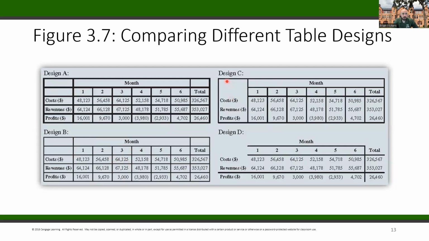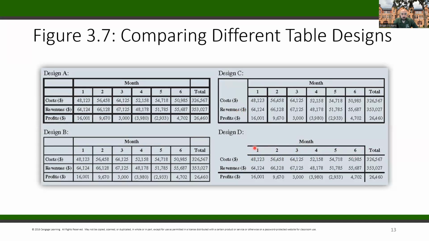Design C puts borders around your cost here and eliminates the horizontal lines underneath. But it doesn't separate out profits. You don't realize that this is revenues minus costs equals your profits, the basic profit formula. And so we've got kind of a flashy design on the bottom right here, which brings it all home to show that the columns are separated by a line.